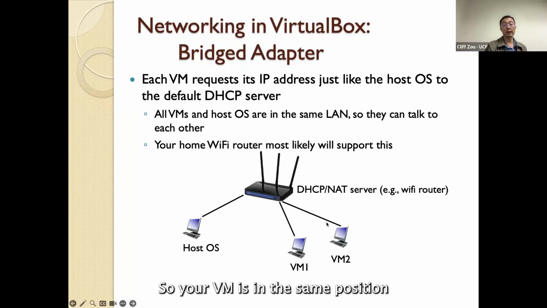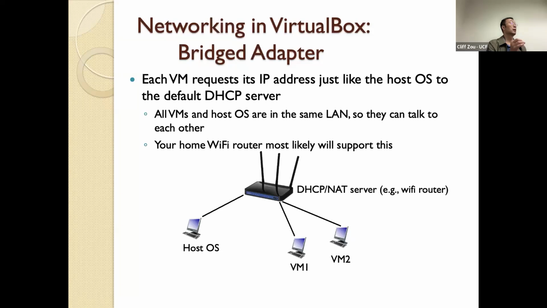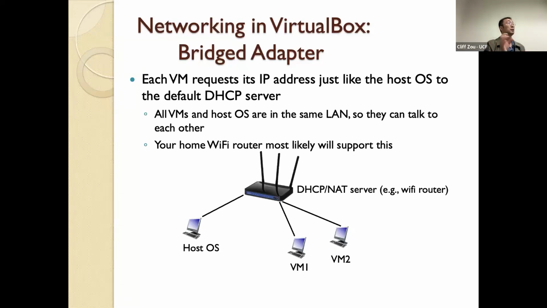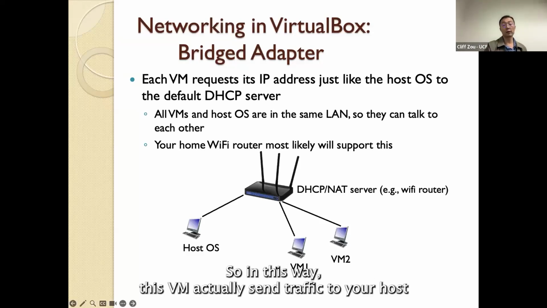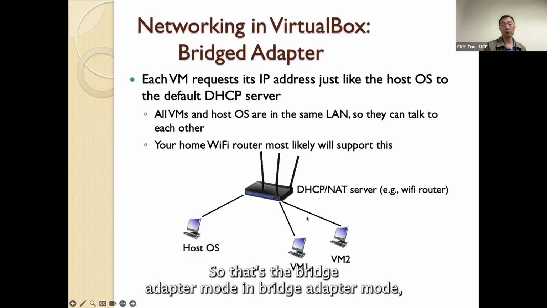So your VM is in the same position as all your home devices, like your smart speaker, your thermostat, your Wi-Fi camera at home. They are all in the same local area network. So in this way, this VM can actually send traffic to your host OS, to your smart speaker, to your Wi-Fi camera at home. So that's the bridge adapter mode.